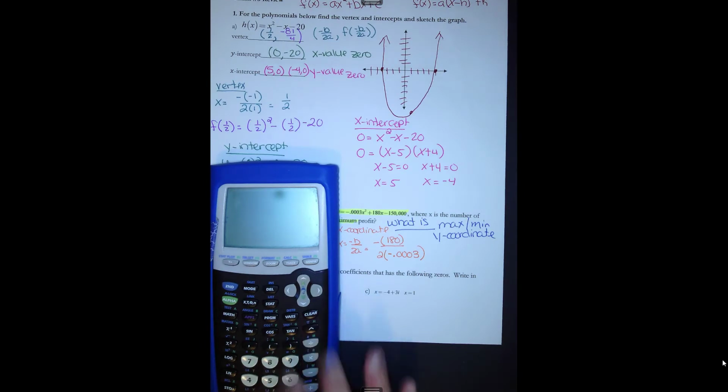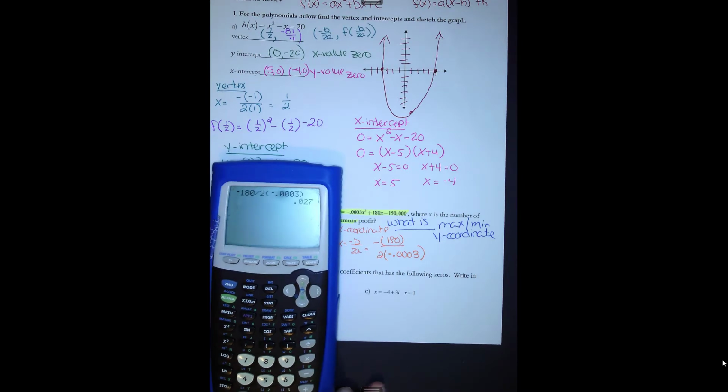simply because if we went -180 divided by 2 times -0.0003, we're going to get two different answers, whether we then put it in -180 divided by, and then 2 times -0.0003.